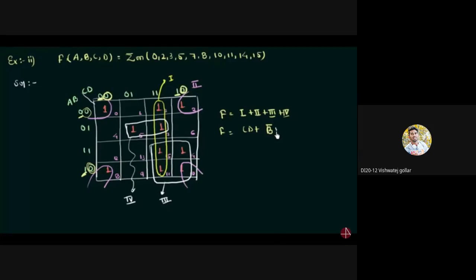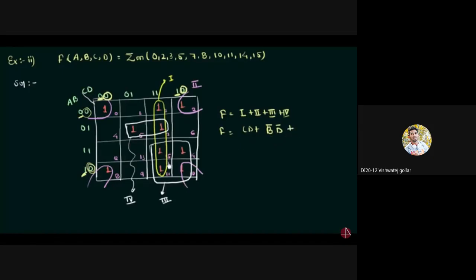So B complement and D complement is what we get from this second group of ones. And in this also we combine 4 ones, so we reduced the 2 literals, that is A and C.